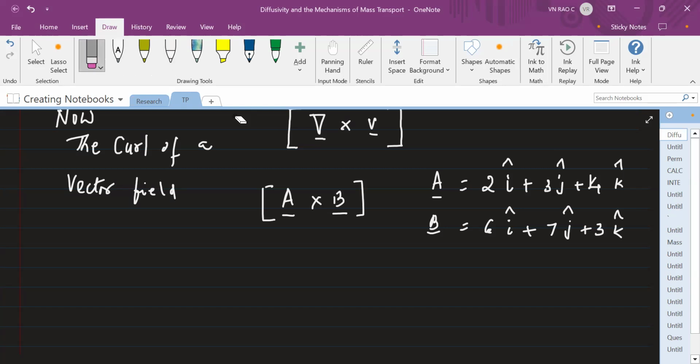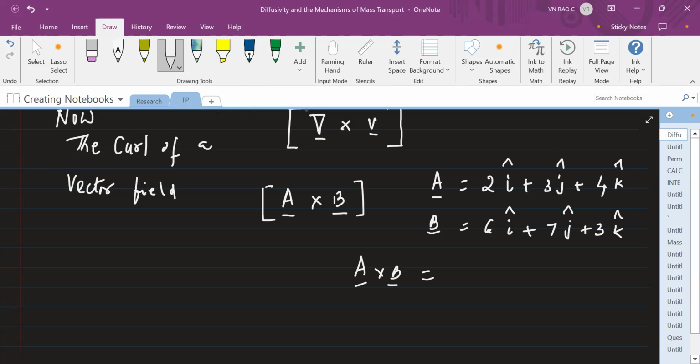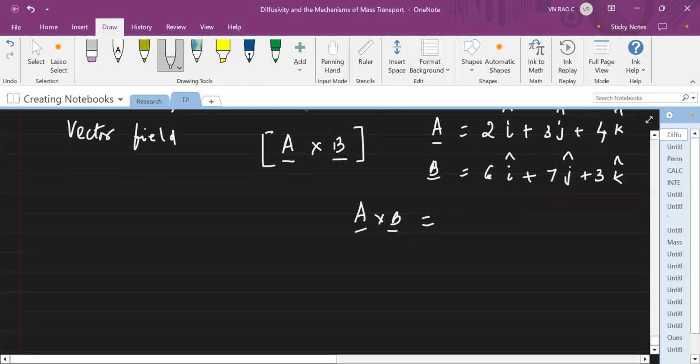So this is my general notation, or an example I'm taking. If I want to do A cross B, which is a cross product, how do we do such problems?